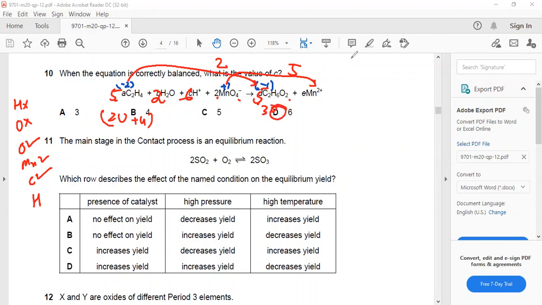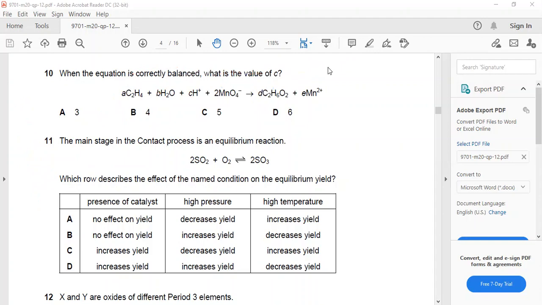Okay, the shortest way: you see here 2, so it means the change in oxidation state from here to here is 2. Manganese is always plus 7 in MnO4 minus, and here it is plus 2, so the change is 5. You multiply here by 5. Now balance: this side 5 and this side 5.